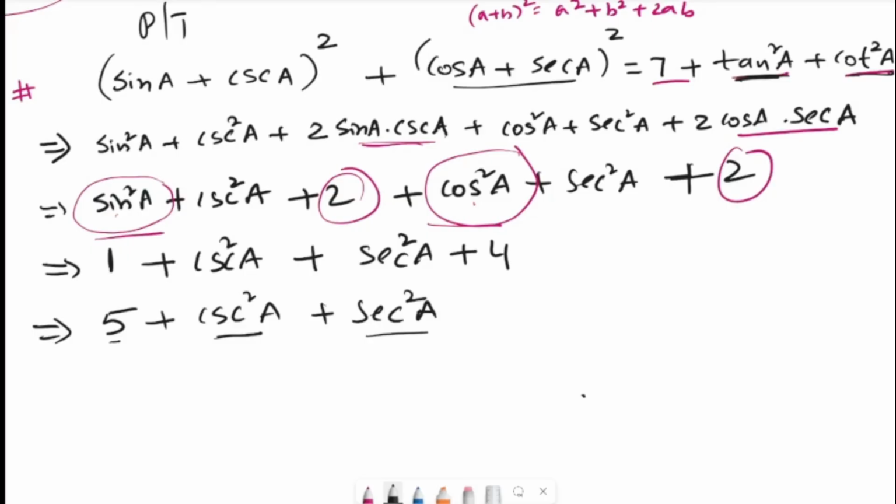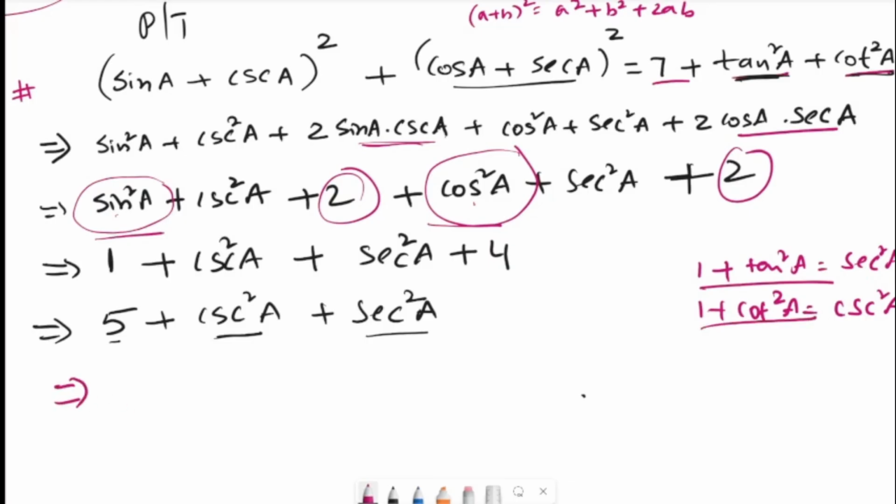Recall the formula: 1 plus tan square A equals secant square A. And 1 plus cot square A equals cosecant square A. I'm going to replace these two here.